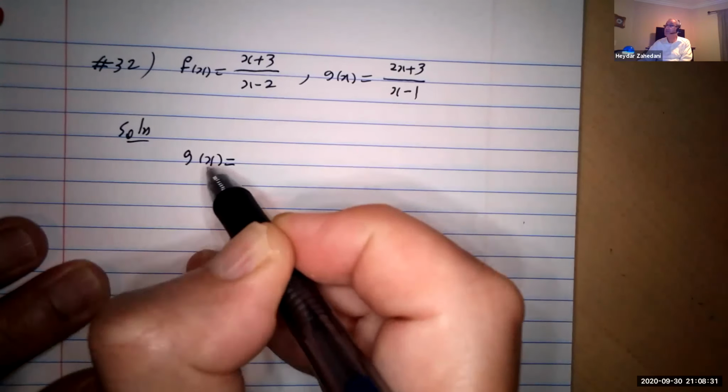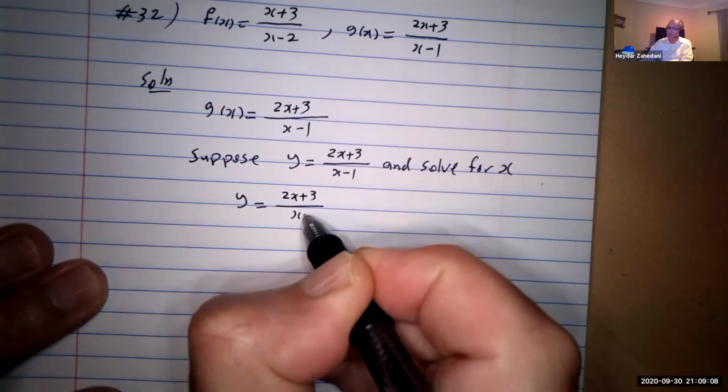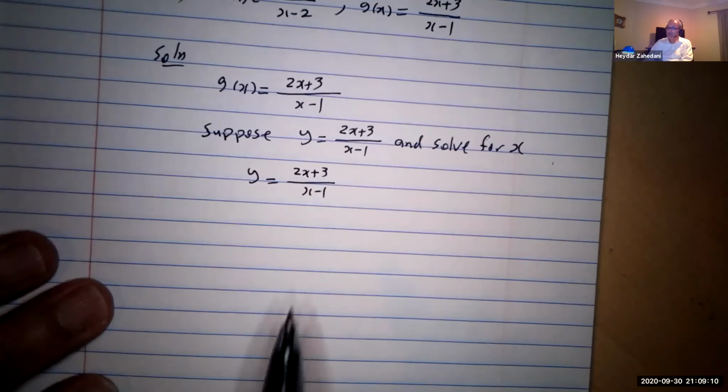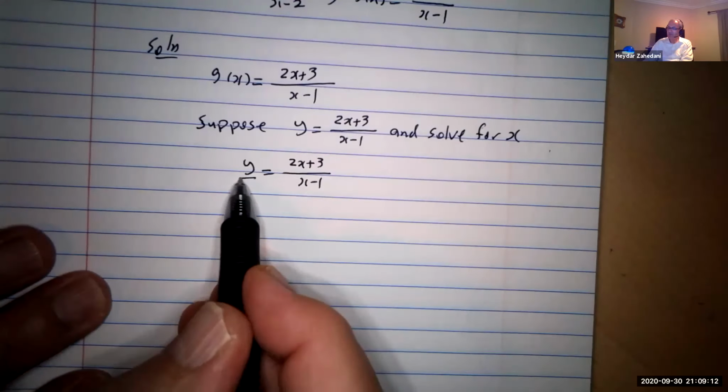You know that to solve for x, you have to cross multiply. So I rewrite it here, y equal to 2x plus 3 over x minus 1. Cross multiply: y times x minus 1 equal to 1 times 2x plus 3. Keep going.